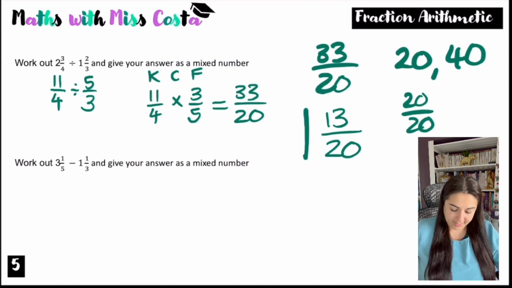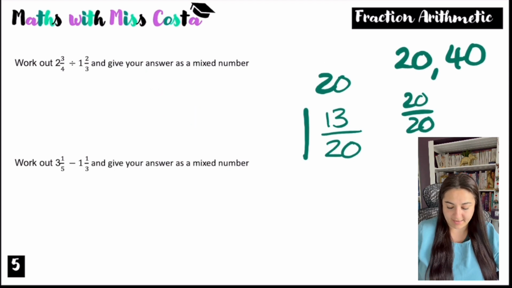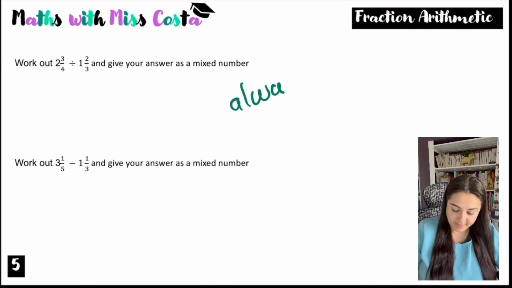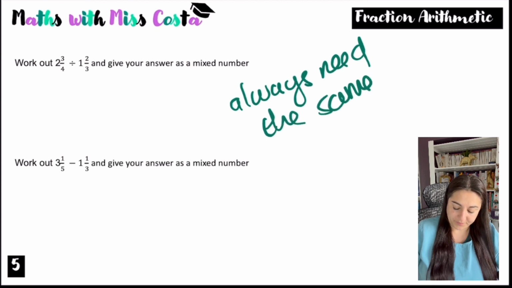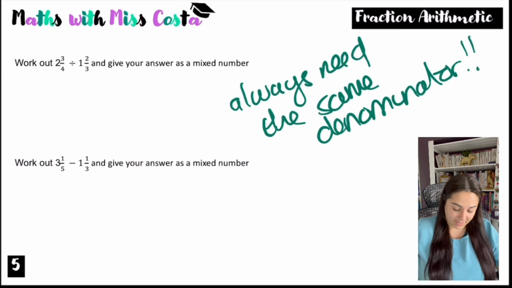Now, when we're subtracting fractions, the key thing we need to remember is that we need to have the same denominators. So in order to add or subtract any fractions, the denominators always need to be the same. So we do the same as we did before and turn them into improper fractions first.